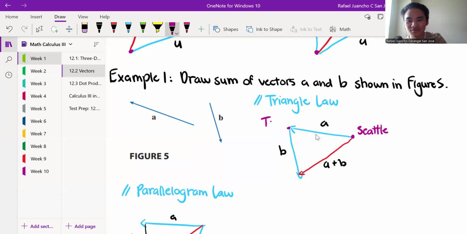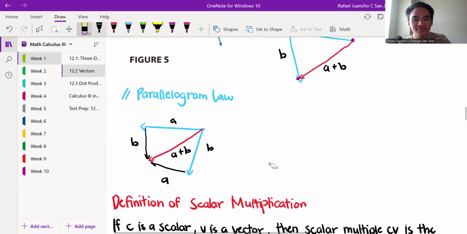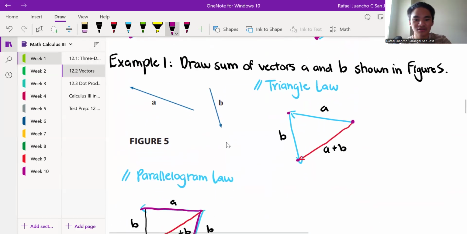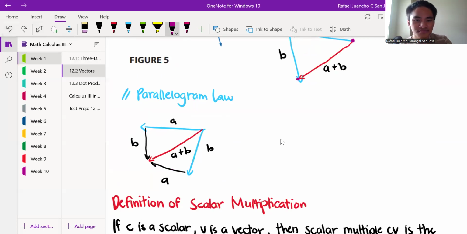Seattle, Tacoma, Bothell, right? Then same for parallelogram. We have an A that goes there. We have a B that goes there. And then we have this thing. Then we just connect them back. So that's what that is.